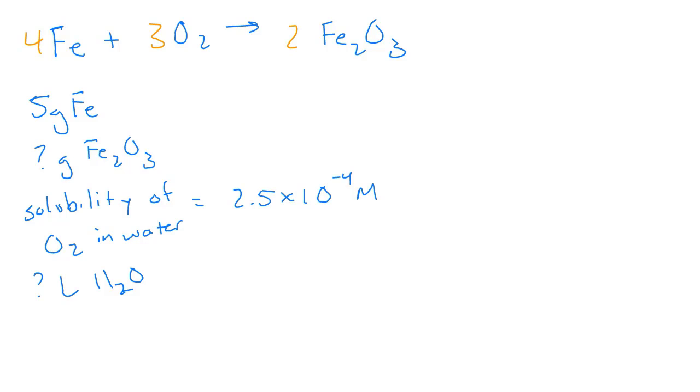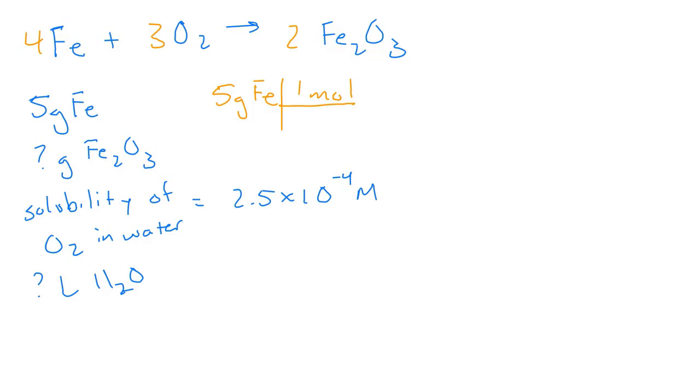Okay, so go ahead. I'll help walk you guys through this one. So let's figure out how many liters of water we need. So we have 5 grams of iron. Let's convert it to moles. What's the molar mass of iron? Anyone remember?